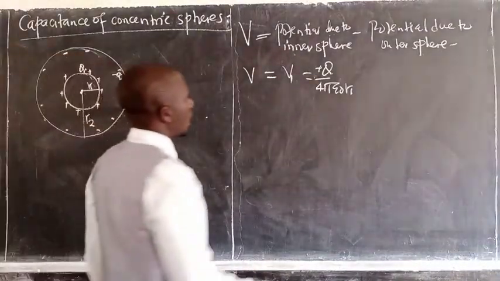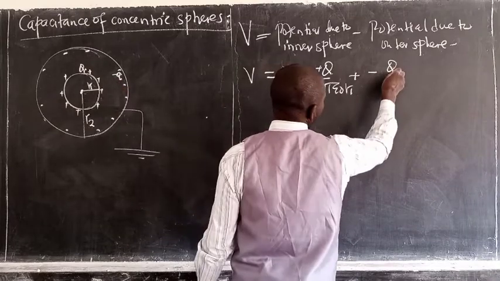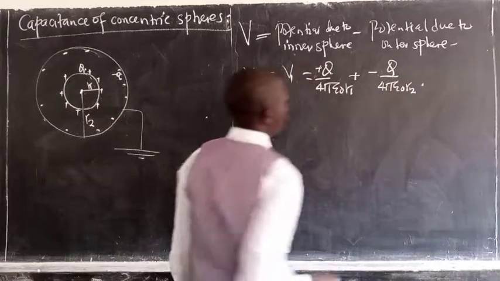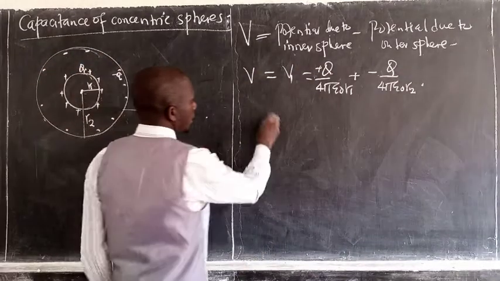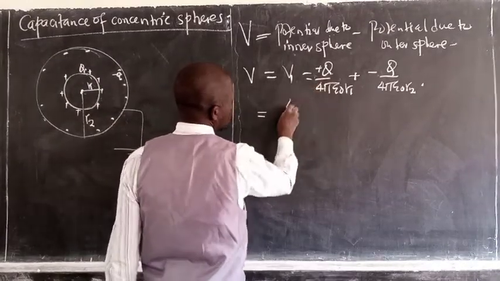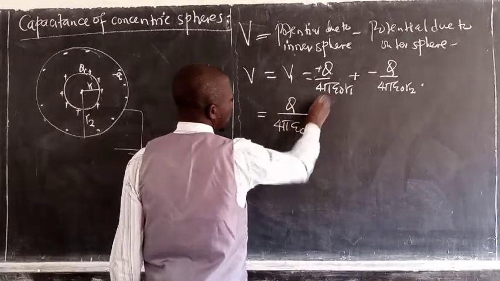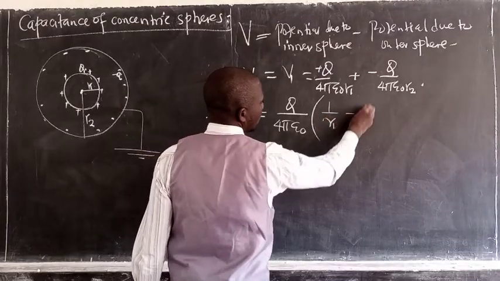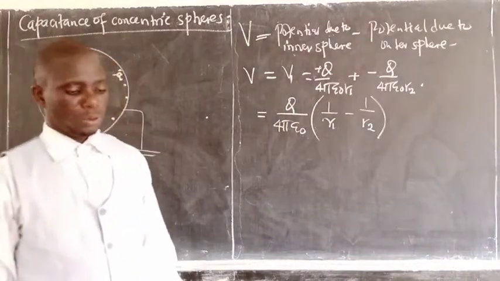And then the potential there, when we add, will be, of course, the charge is negative, out of 4 pi epsilon naught R2. Therefore, I can factorize out charge out of 4 pi epsilon naught. Here I remain with plus 1 out of R1, then minus 1 out of R2.